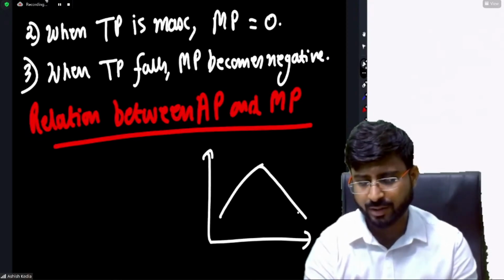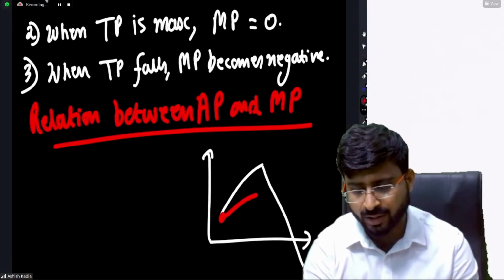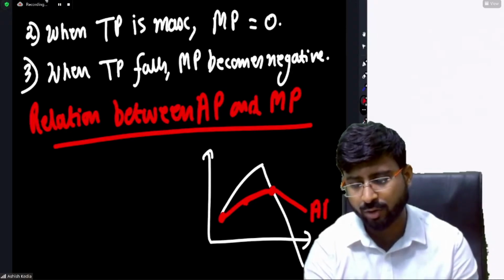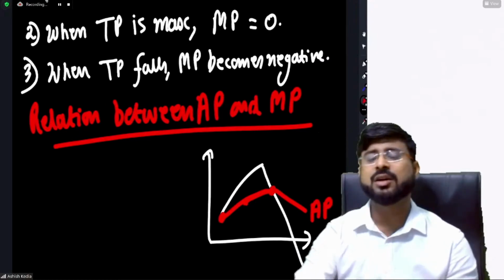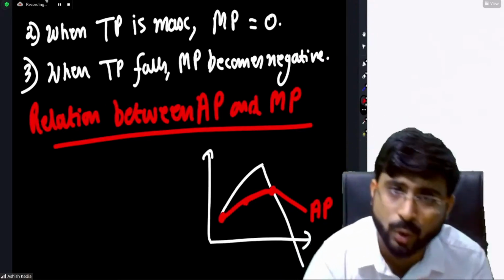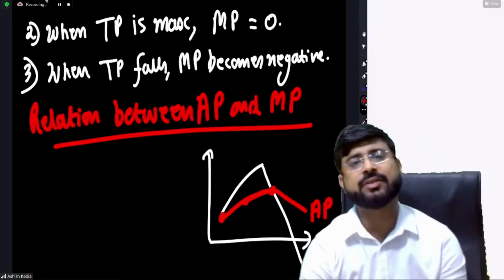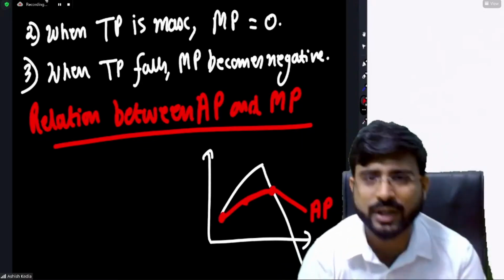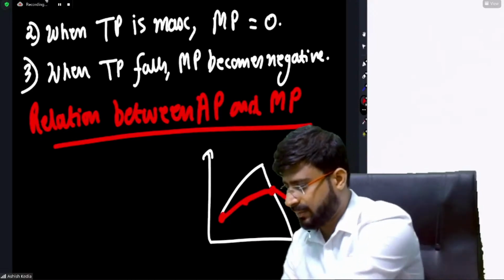This is MP, which becomes later on negative, while AP becomes positive and meets MP and then it falls down. AP is never zero or negative. Write it down in the chat, everyone. AP is never zero or negative.